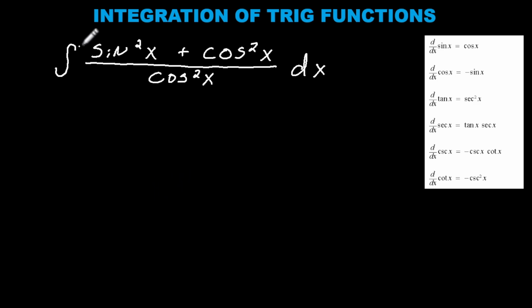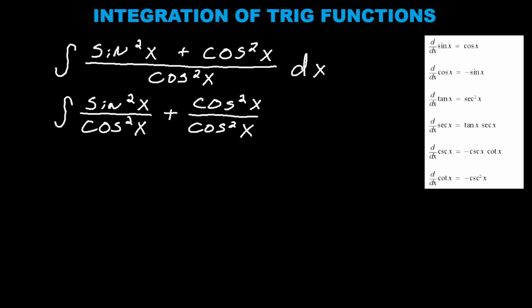Another way of doing this one is to split this into two fractions. Both of them have the denominator of cosine squared x. Doing it this way, we see that we have sine squared x over cosine squared x, and we just reviewed the trig identity of sine x over cosine x is equal to tangent x. So this whole part over here is tangent squared x.